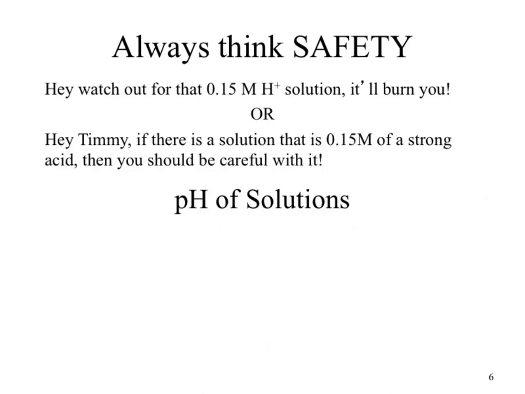And water, happening to be right in the middle, is a balance of what two species? What happens if we dissociate water into its ions? What are the ions that make up water? H plus and OH minus. What's the definition of an acid? H plus.